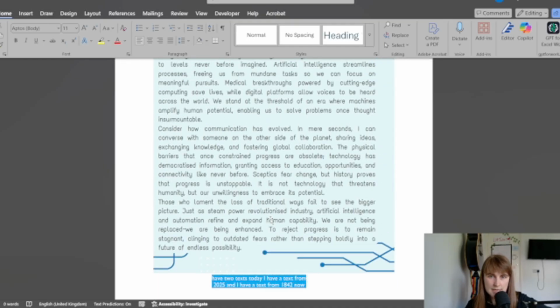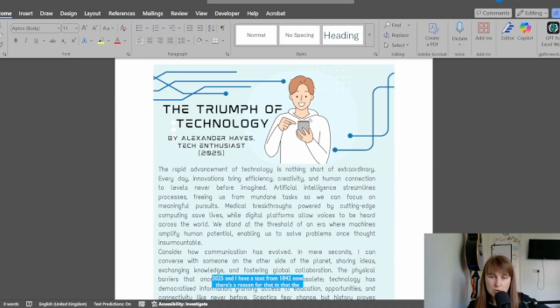Now there's a reason for that, in that the paper 2 for the language paper, you will be given two texts from different time periods. So you will have a text from either the 20th or the 21st century, which will be a more modern text, which is the example we have on the screen here, and you will also have a 19th century text, so from the 1800s.